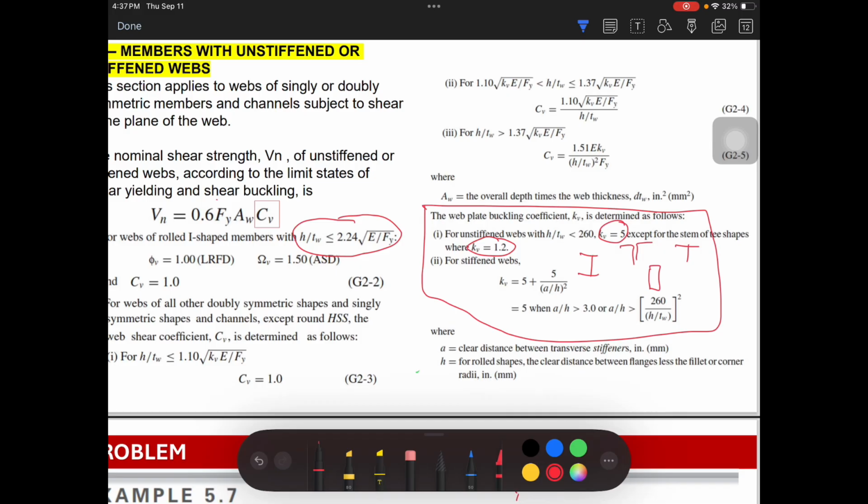So, hindi kasali dito yan. So, ang stiffened webs, ang case 2 is malamang I shape lang yan. So, ang magiging Kv mo dito, checkin mo tong case na to. Kung pasok ka sa case na to, 5 ka. Kung hindi ka pasok sa case na to, eto ka. Ito yung Kv mo.